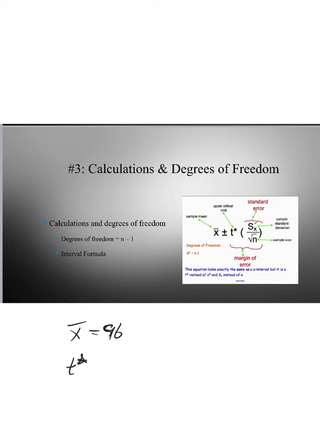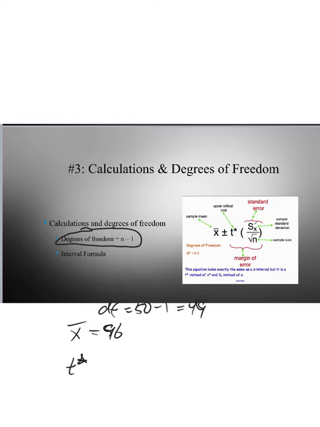There is a function on a lot of our calculators called inverse T where we could get this, but most of you will probably use the chart, which is a laminated pink sheet that we have in class. In this case, there were 50 individuals, and the way degrees of freedom works is you take the number of individuals in our sample and subtract 1. So degrees of freedom equals 50 minus 1, or 49.